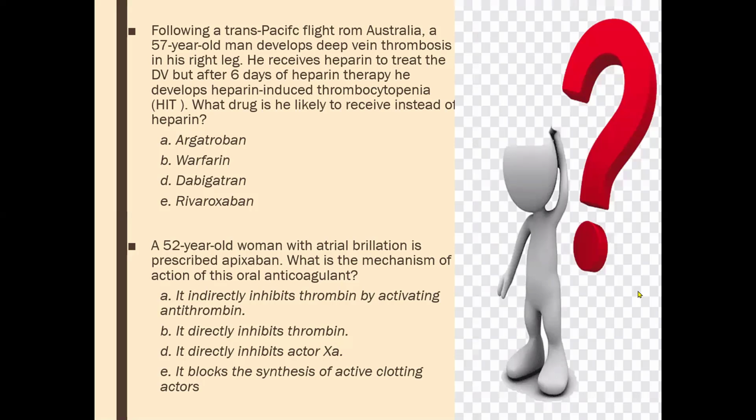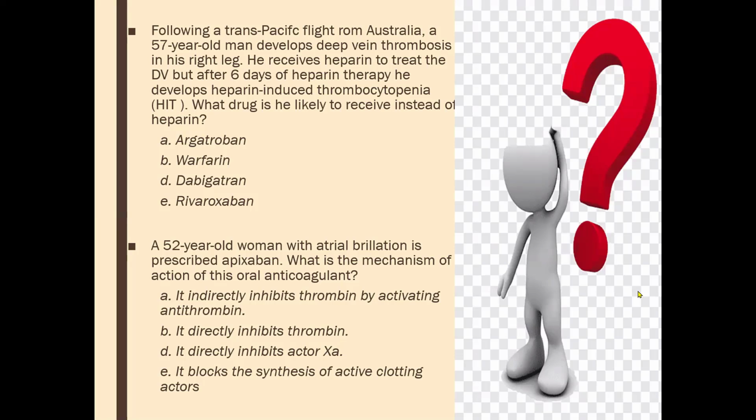The second question. It's a very straightforward question again. A 52-year-old woman with atrial fibrillation was prescribed apixaban. What is the mechanism of action of this oral anticoagulant? What is apixaban?